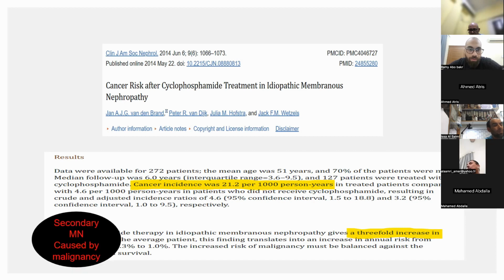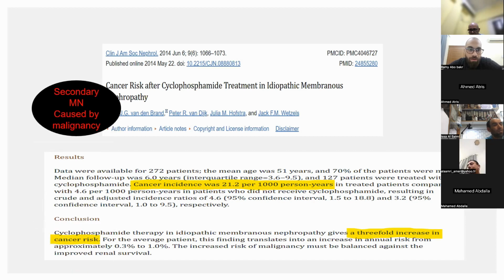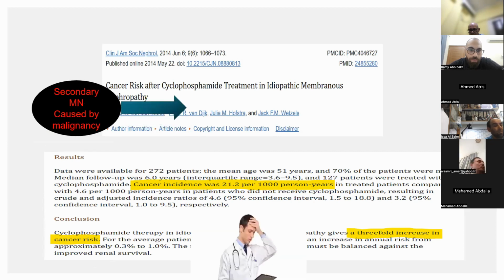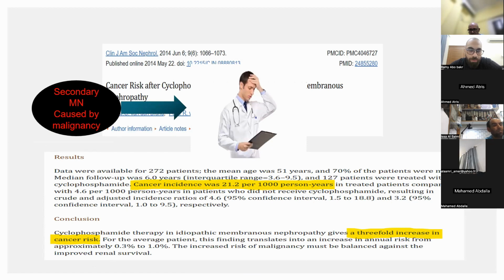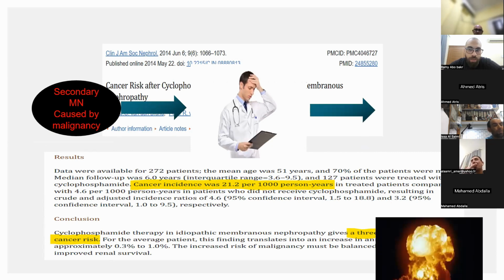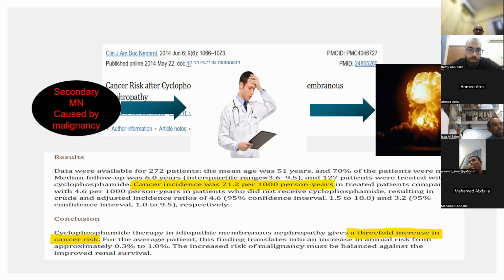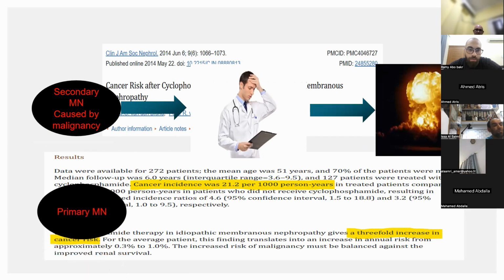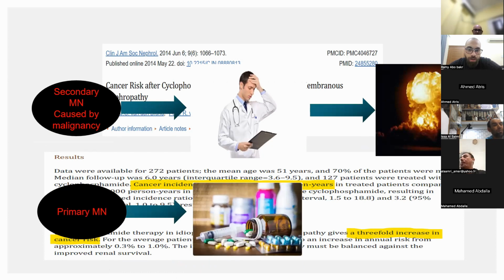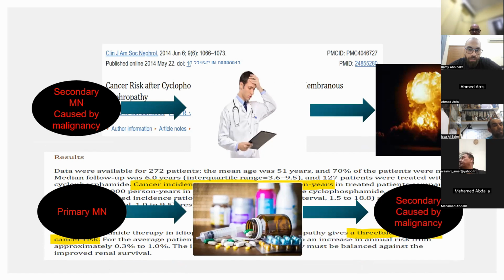And you can imagine we have 2 main scenarios. We have a secondary membranous nephropathy related to malignancy, and you misdiagnose this case as a primary membranous and treat it with cyclophosphamide, which already increases the risk of malignancy 3-fold, and this is the result. Or you have a case of primary membranous, and you treat it with cyclophosphamide or another immunosuppression, and it switches from primary to secondary.